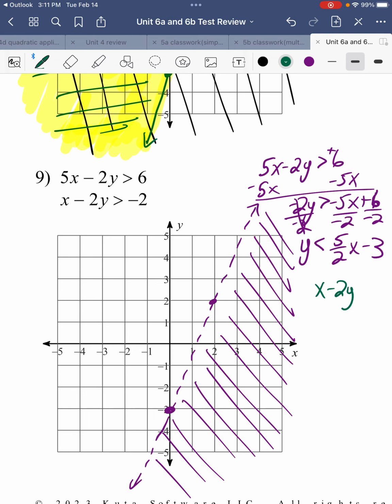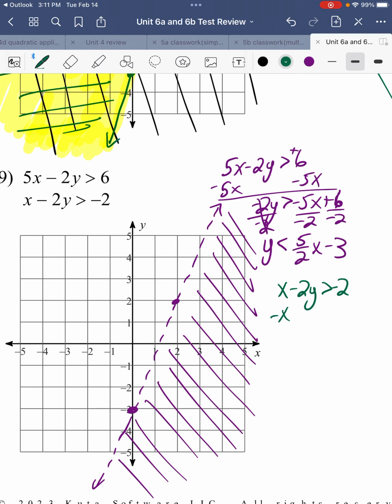Next equation, we have x minus 2y is greater than negative 2. We're going to subtract x and divide by negative 2. Again, anytime you multiply or divide by a negative, we got to switch that inequality.